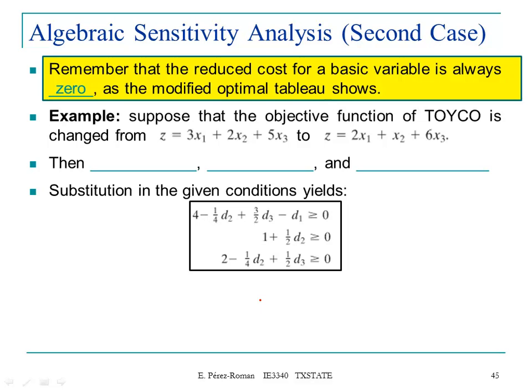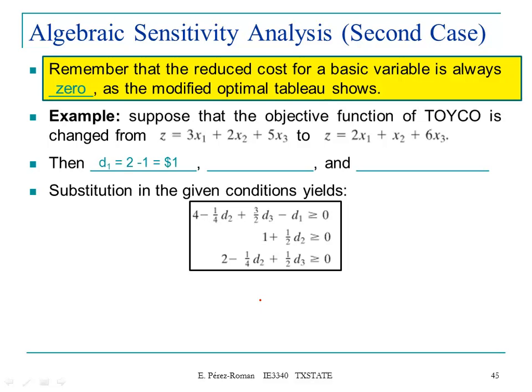For example, suppose that the objective function of Doikos is changed from this to this. So this is the original one, and we are changing the prices of selling those units. For trains it was $3, now it's $2. For trucks it was $2, now it's $1, and for the last product it goes from 5 to 6.